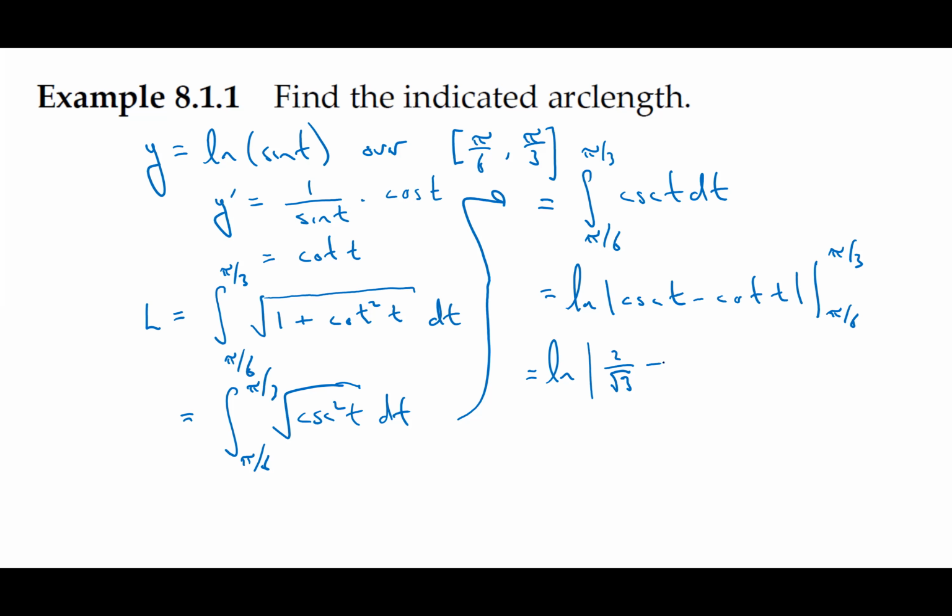So 1/2 over root 3 over 2 is going to be 1 over root 3. And then minus natural log of cosecant, 1 over sine. Sine of pi sixths is 1/2, so that'll be 2. And then cotangent. So cosine of pi sixths is root 3 over 2. Sine is 1 over 2. So is that root 3?